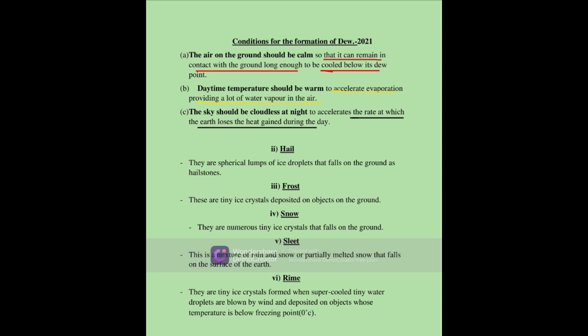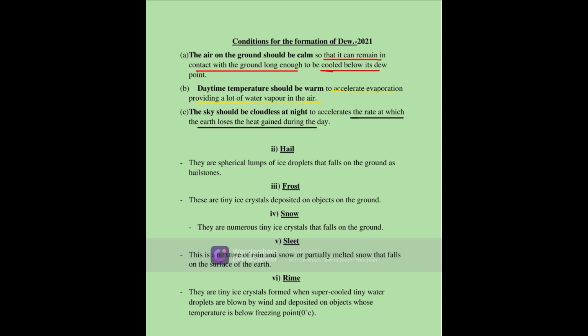Now we move to the second form of precipitation, which is called hail. These are spherical lumps of ice droplets that fall on the ground as hailstones. Other books refer to it as hailstone, but it is just the same thing.